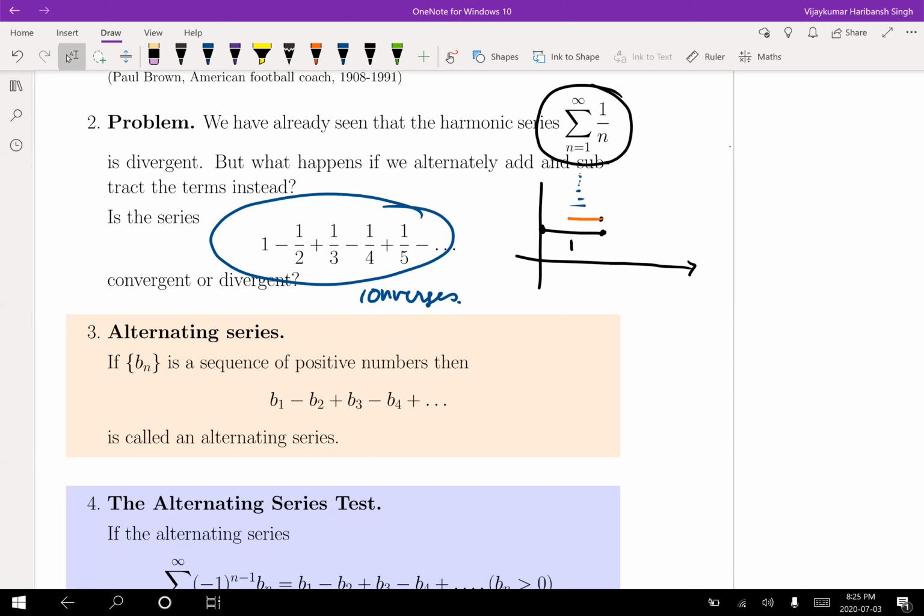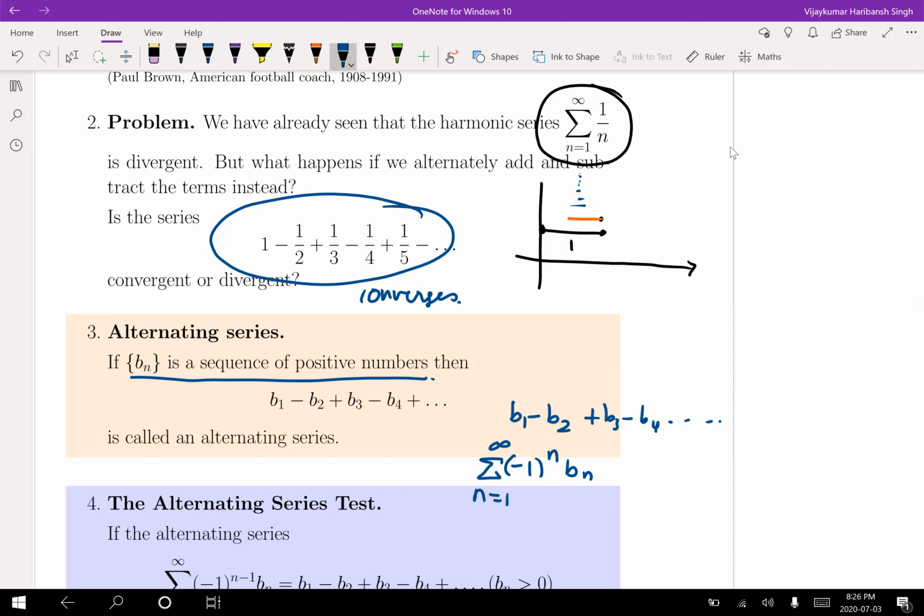So to make sure about that, let bn be a sequence of positive terms, and we have b1 minus b2 plus b3 minus b4, and so on. This series is called an alternating series, or you can write it as the summation of minus 1 to the power n times bn.